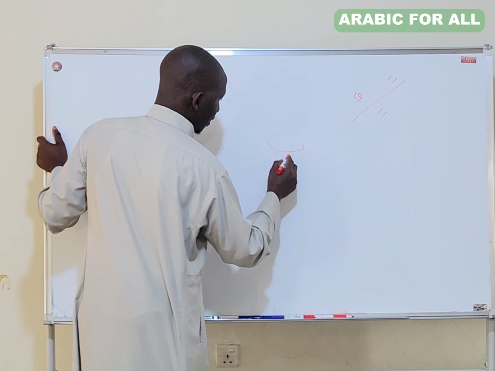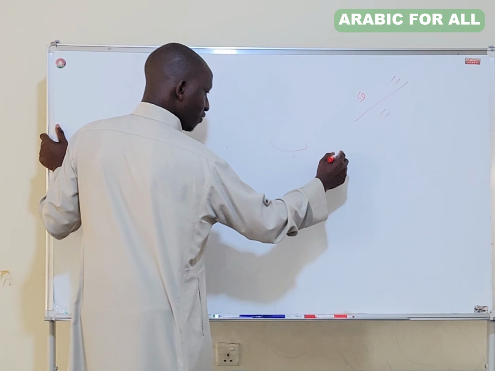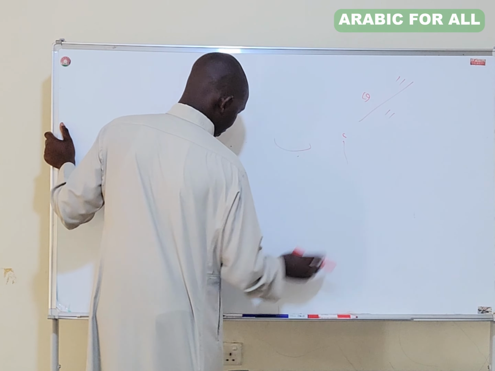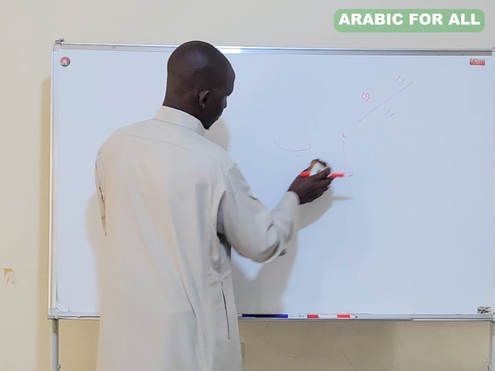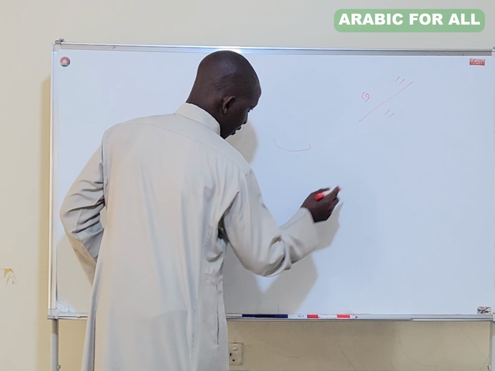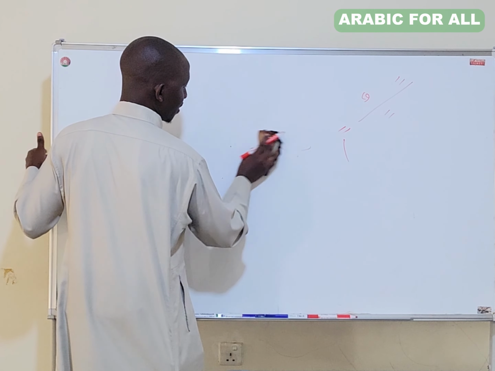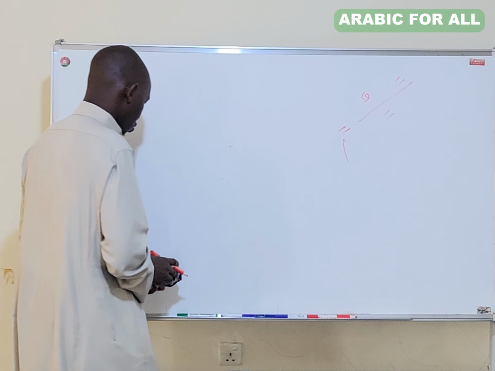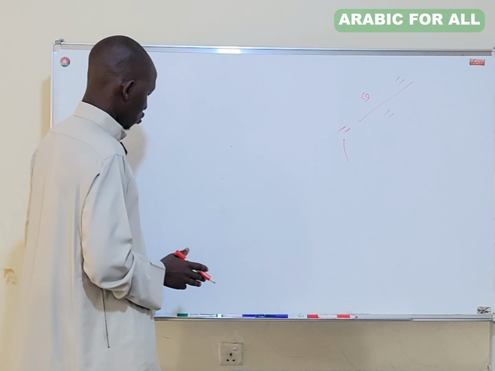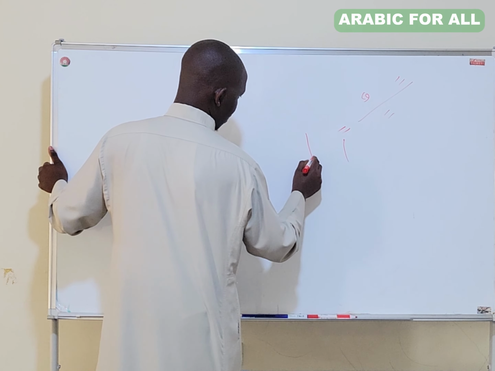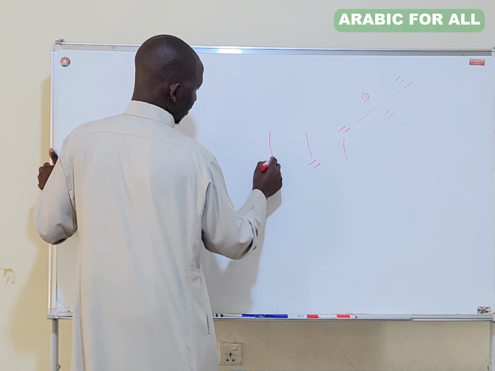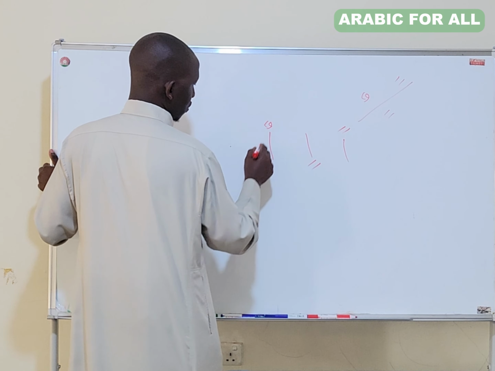If placed on alif, for example, it is an. Kasratain means two kasras, we say in, and then dhammatain meaning two dhammas, we say un.